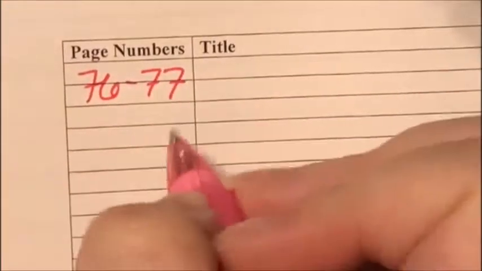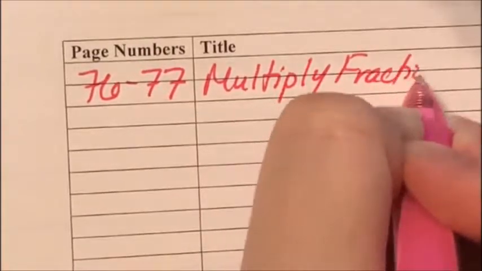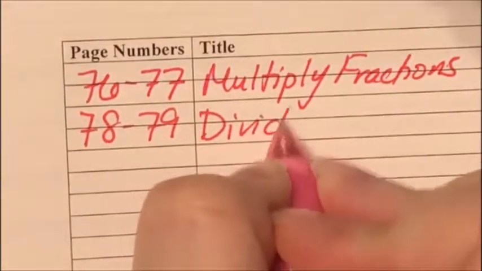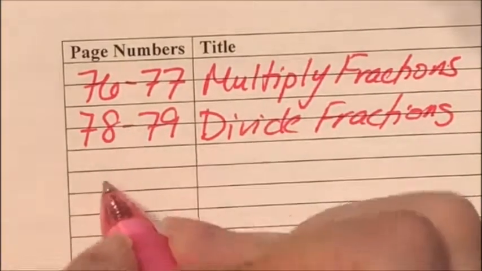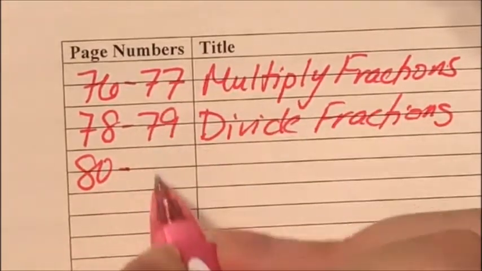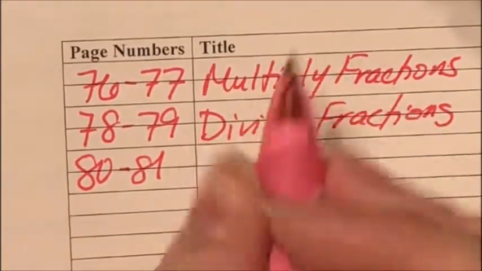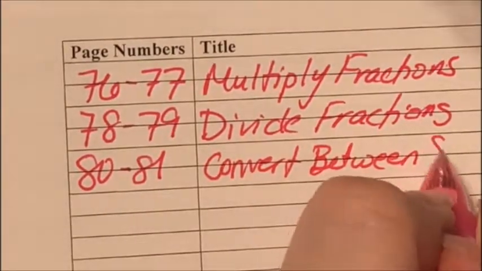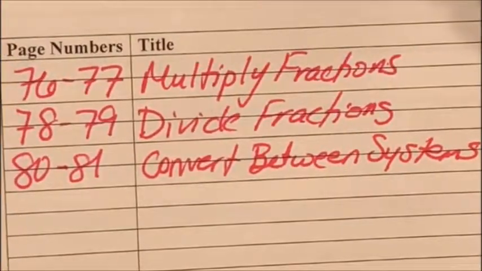So the next one I have, 76 through 77, multiply fractions. 78 through 79 is divide fractions. 80 through 81 is convert between systems.